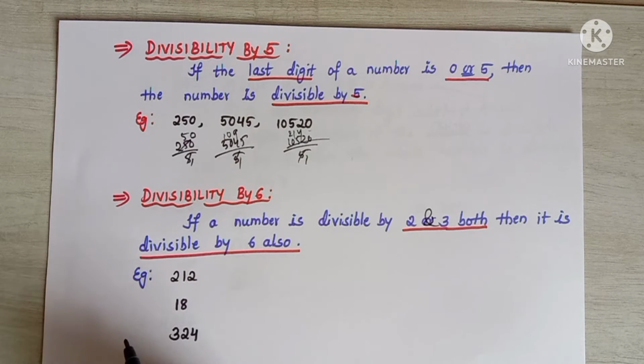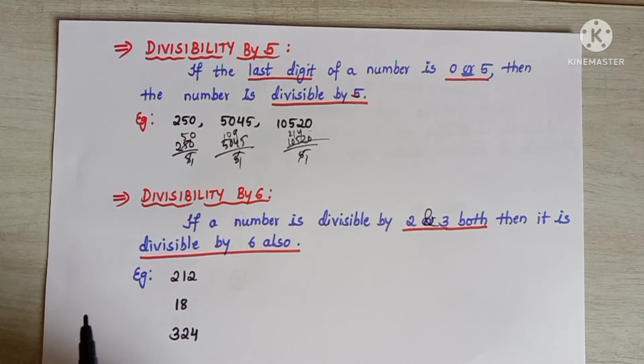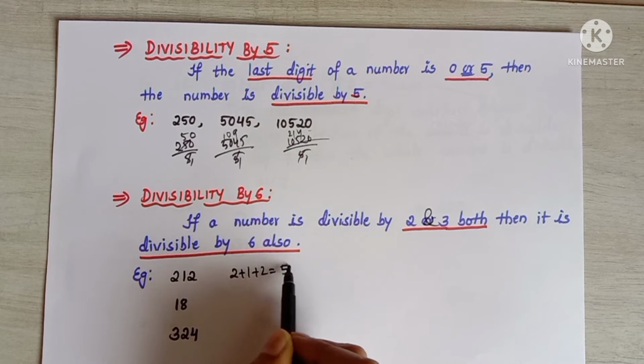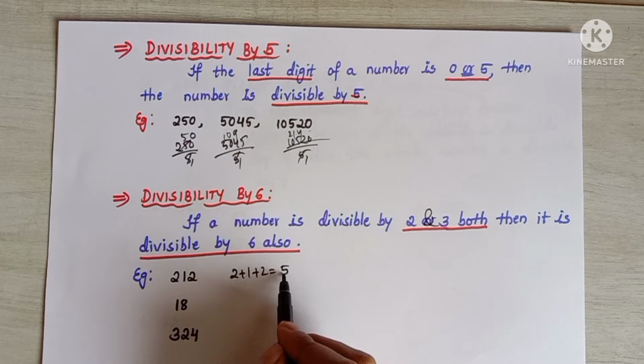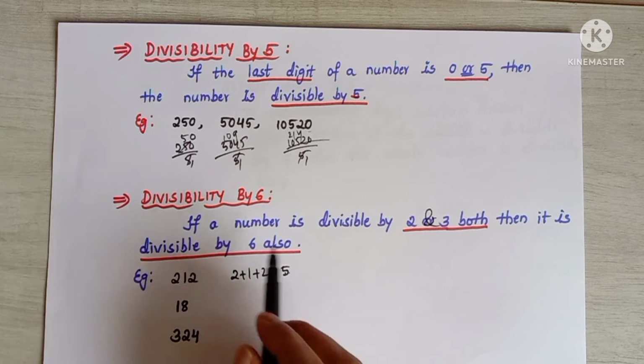Whether 5 is divisible by 3? No. Therefore, it is not divisible by 6, because it is not divisible by 3. Because 2 plus 1 plus 2 is 5. Therefore, it is not divisible by 3. It means that the number is not divisible by 6.